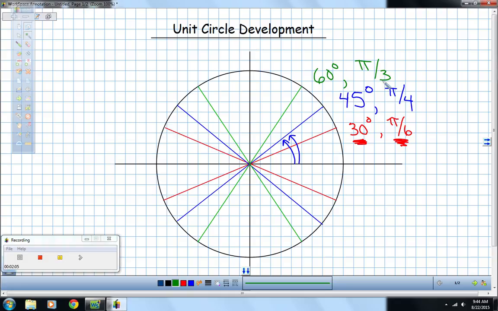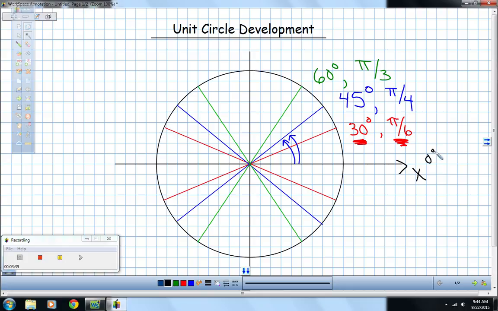Before we start to develop all of these colored terminal sides in these quadrants, let's start with what are called the quadrantal angles, the angles that lie on the axes. We all know that this is the positive x-axis, and that is the initial side.